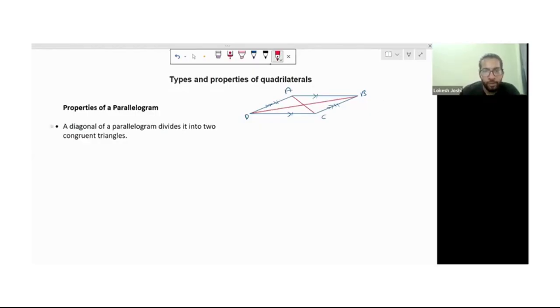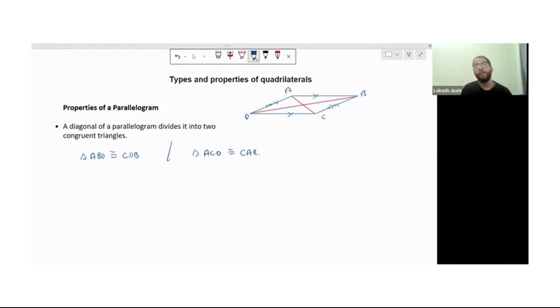If we consider only BD, this property says that triangle ABD is congruent to triangle CDB. And if we make the diagonal AC, then one property also holds, which is triangle ACD will be congruent to triangle CAB.